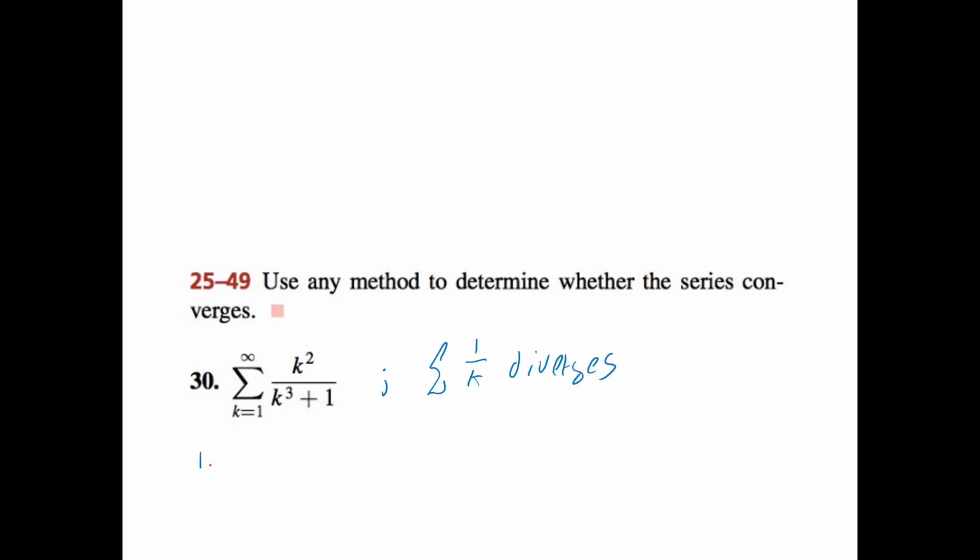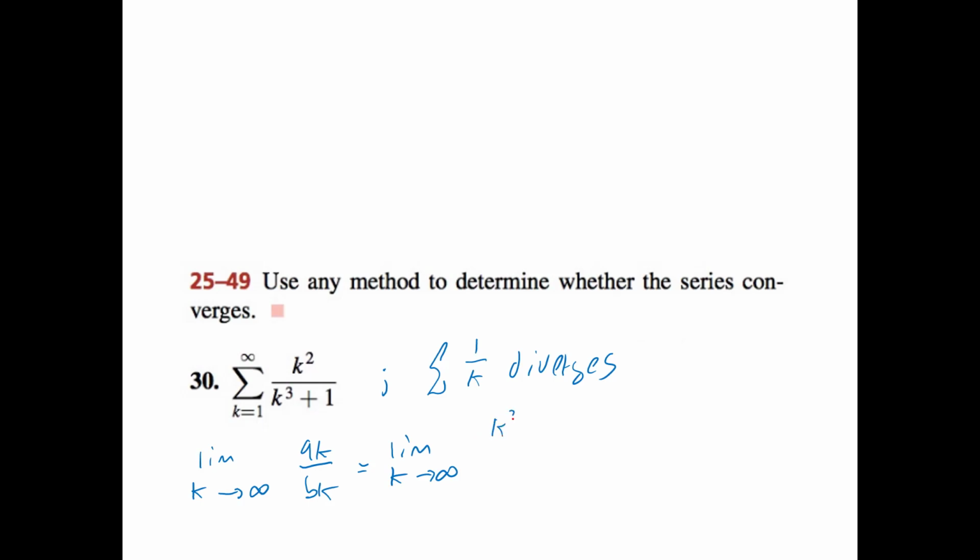And then the limit as k goes off to infinity of a sub k over b sub k will be the limit as k goes off to infinity of, and you can pause this anywhere along the way, try and fill it in, get comfortable with this. Doesn't matter which one you call a sub k, which one you call b sub k.